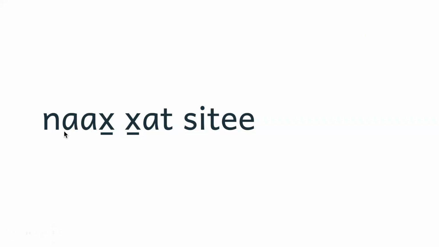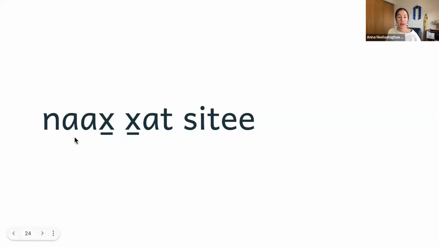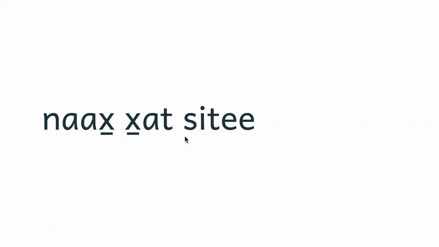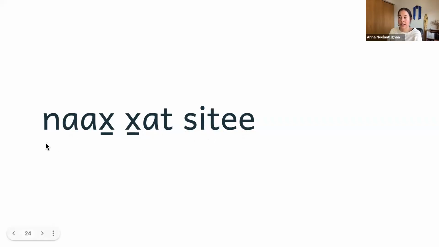Our long vowels are in nach. Repeat after me, nach. And then we have a short A in chet. Repeat after me, chet. Followed by a short I and then a long double E. So repeat after me, sitee. And the whole phrase, nach chet sitee.